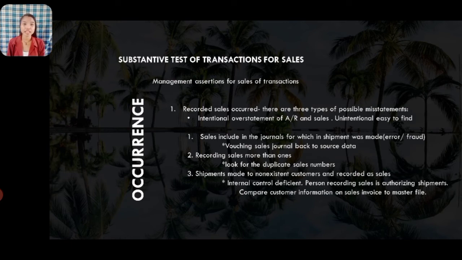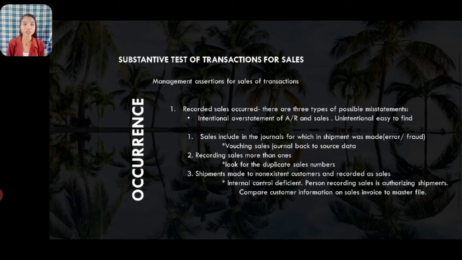It means you go back from the sales journal to the source data. By comparing the sales journal and the source data, you can solve the problem of recording sales which do not include a shipment.